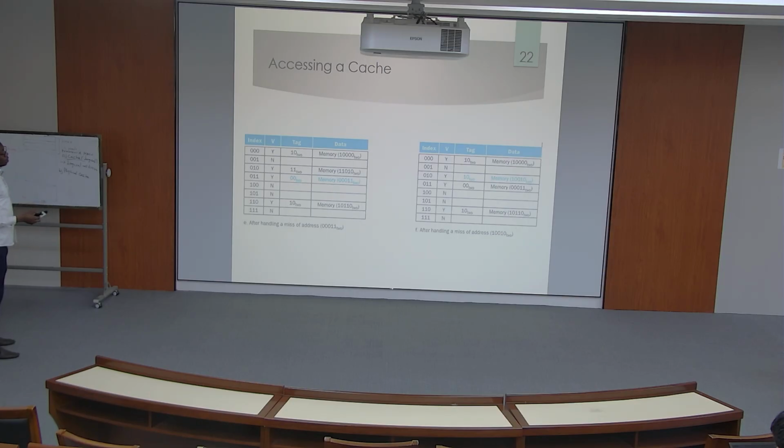We have the cache index, which is 010. We have 010, and we need to set the valid bit to yes. Then we include the 2 bits for the tag. Then we can load the data into the specific cache line. Clear?